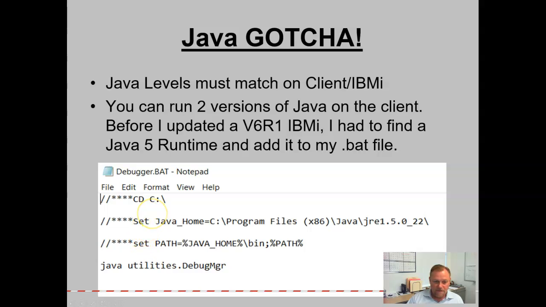Once I got my clients updated, or my IBM updated to the current Java release, I simply went in and commented this out. So hopefully you will not have to do this, but just in case, if you are running different levels of Java, here's a sample.